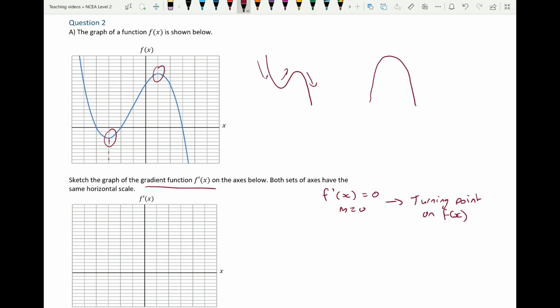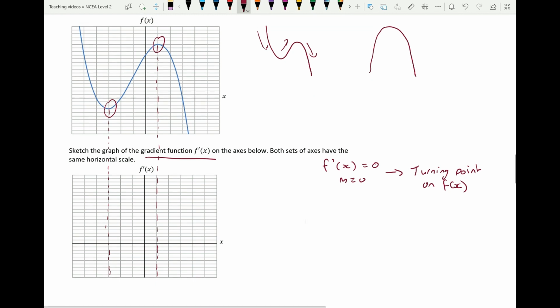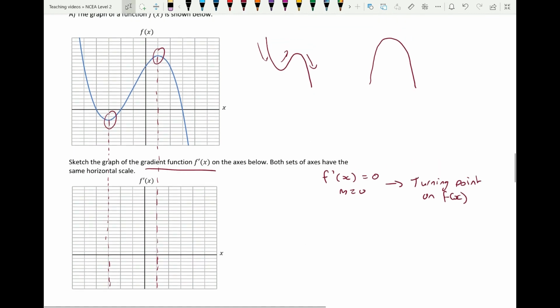So what we're going to do is just line these up like that. Okay, so we know that we're going to have an upside down parabola. Now it's a question of what's it going to look like? Where does it go?